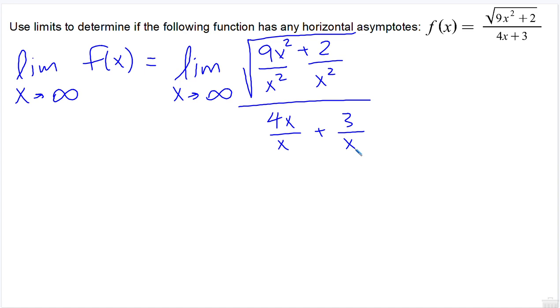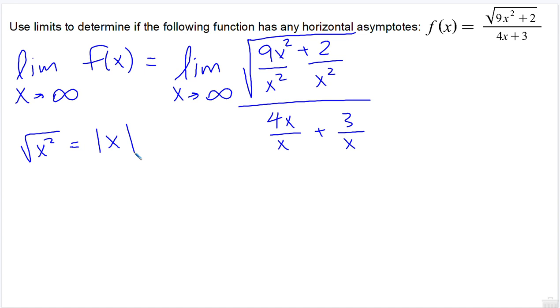But let's talk about why we can do this. Because really, up in the numerator, I'm actually dividing by the square root of x squared. And hopefully you remember that the square root of x squared is the same thing as the absolute value of x. That's something you should have learned in a previous math class. So in the top, I'm dividing by absolute value of x, and in the bottom, I'm just dividing by x.